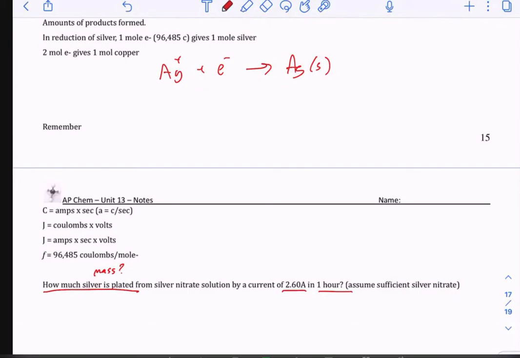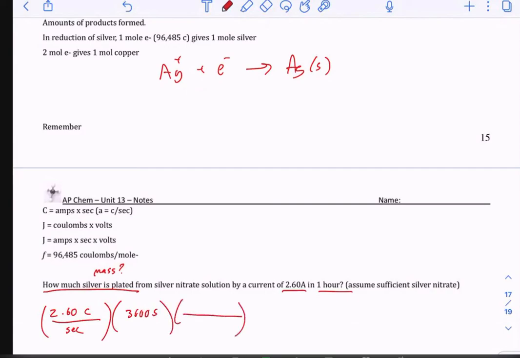We are working with amps, and remember that amps is charge per time, or coulombs per second. So 2.6 coulombs per second. We have 1 hour. An hour is 3,600 seconds.